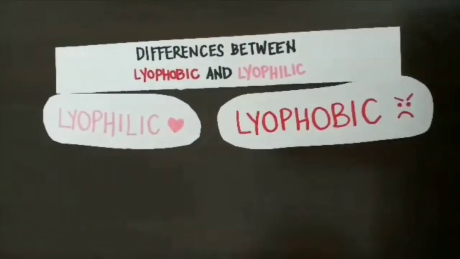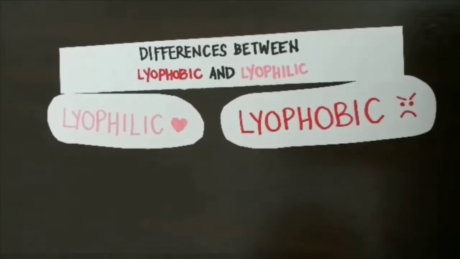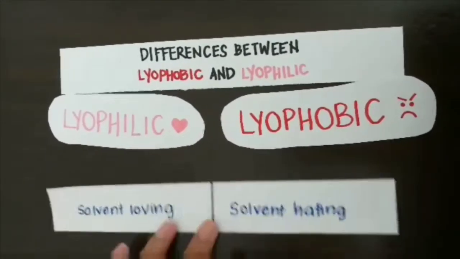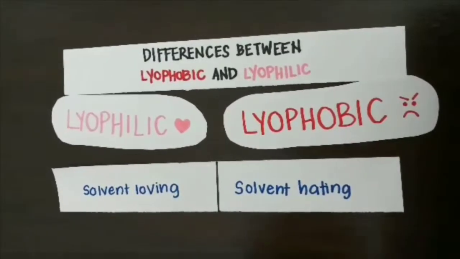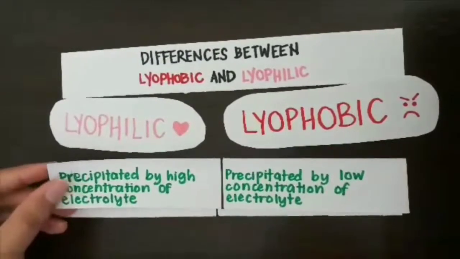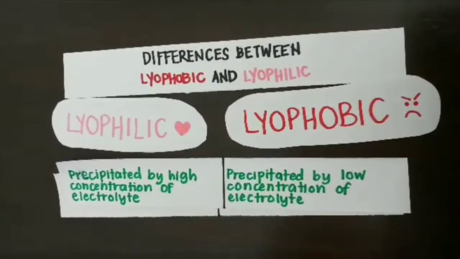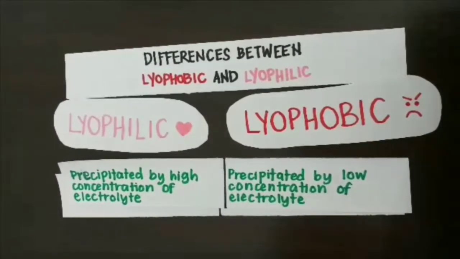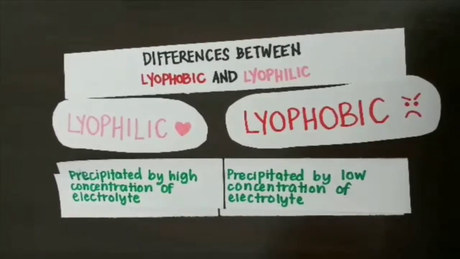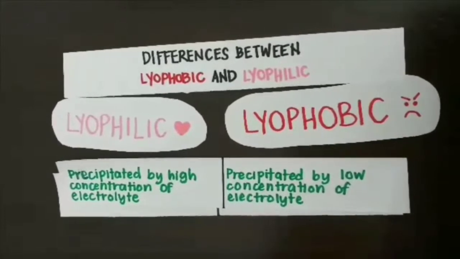There are some differences between lyophobic and lyophilic. First, lyophilic is solvent-loving, while lyophobic is solvent-hating. Next, lyophilic is precipitated by high concentration of electrolyte, while lyophobic is precipitated by low concentration of electrolyte.